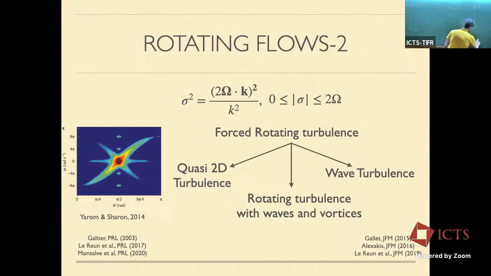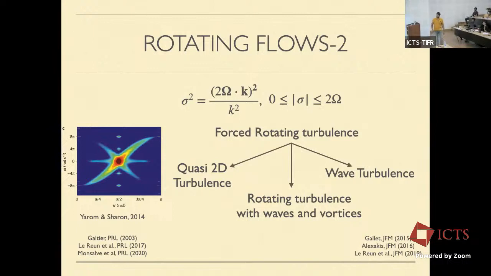If you do this, sigma square would be equal to 2 omega dot k vector, whole square, by k square, right? So this is a simple derivation for the inertial waves which are present. We can again look at what the allowed frequencies are, like what Jim and Mani were talking about in the context of internal gravity waves.